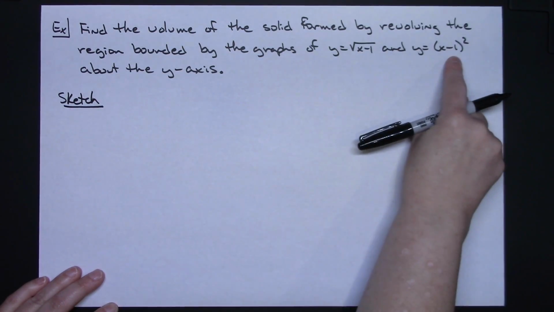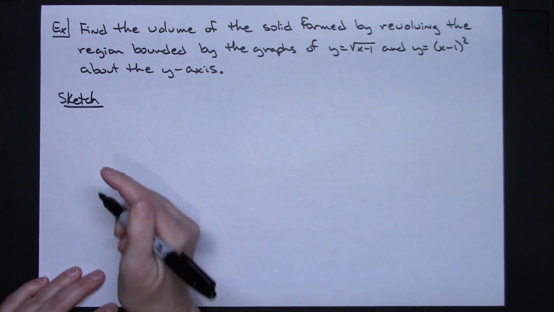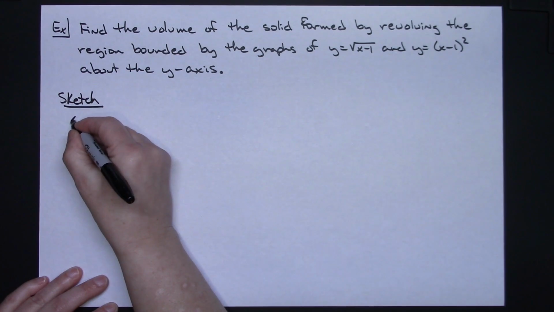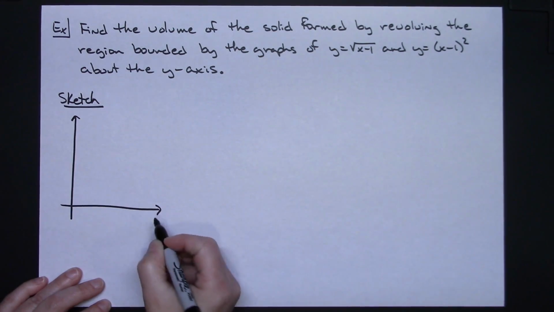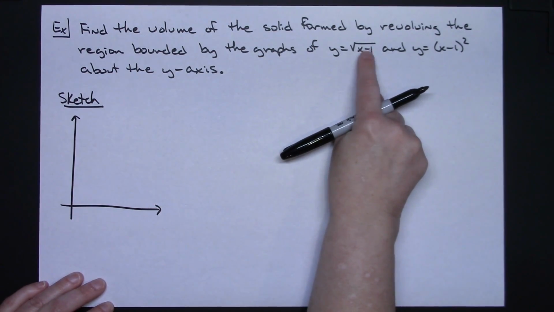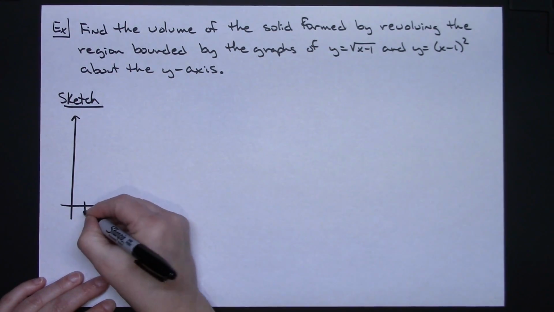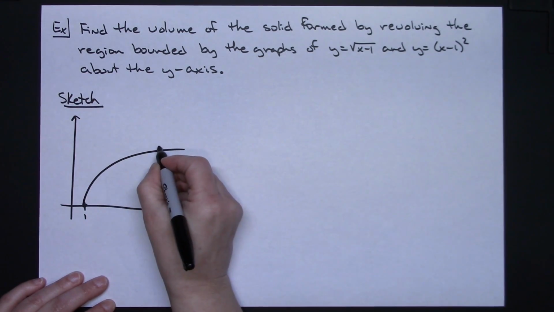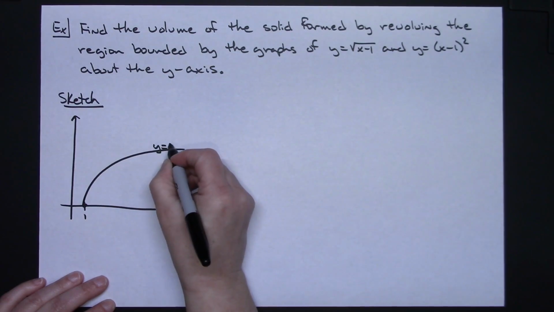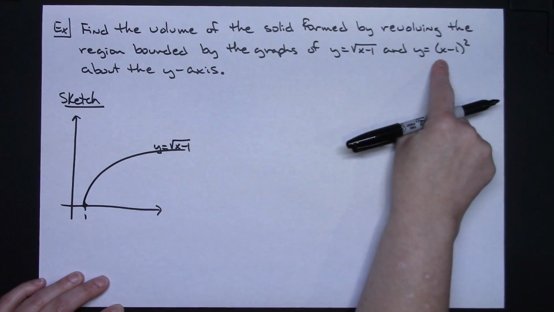Square root and parabola here, it's going to still be in the first quadrant primarily. The square root function is going to be shifted 1 to the right, and the square root goes up to the right. Let's do that for y equals square root of x minus 1. This will be a parabola.